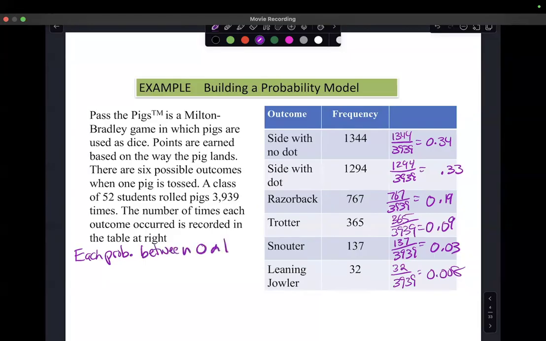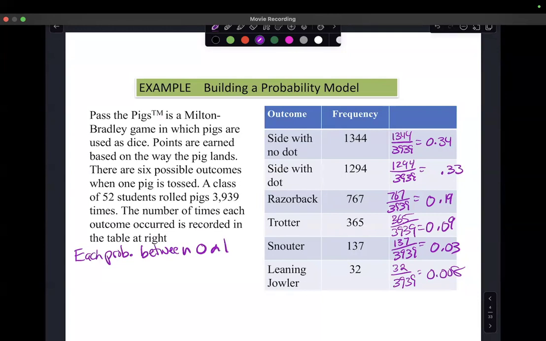And I think that there's a list later on, but I'm writing them down. So each of these numbers is between 0 and 1. I can't have a probability of 113%. I can't have a probability of -4. So they all have to be between 0 and 1.